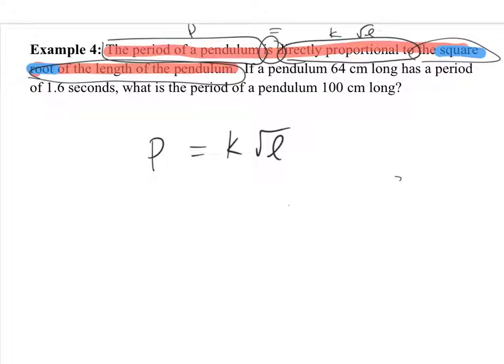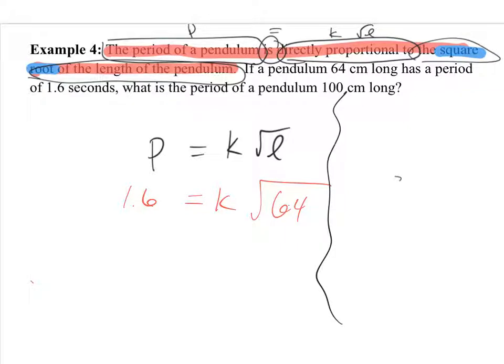The next part is the easy part again. If a pendulum 64 centimeters long, that represents its what? Length. Has a period of 1.6 seconds, then what is the period of a pendulum that's 100 centimeters long? So sure, yes, we can go to the proportion again on the right.